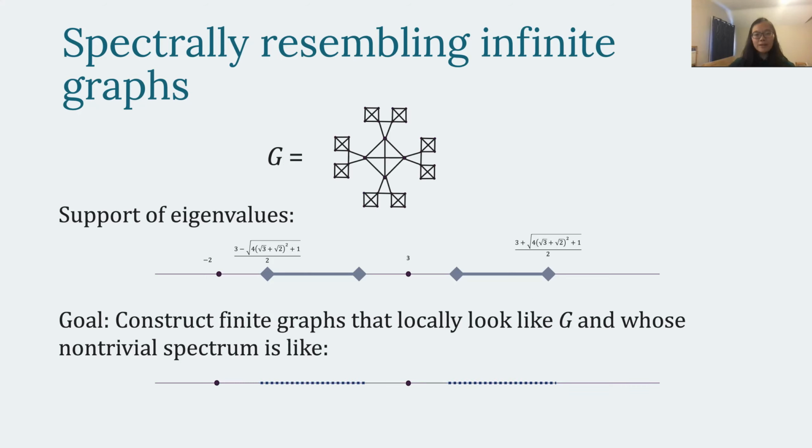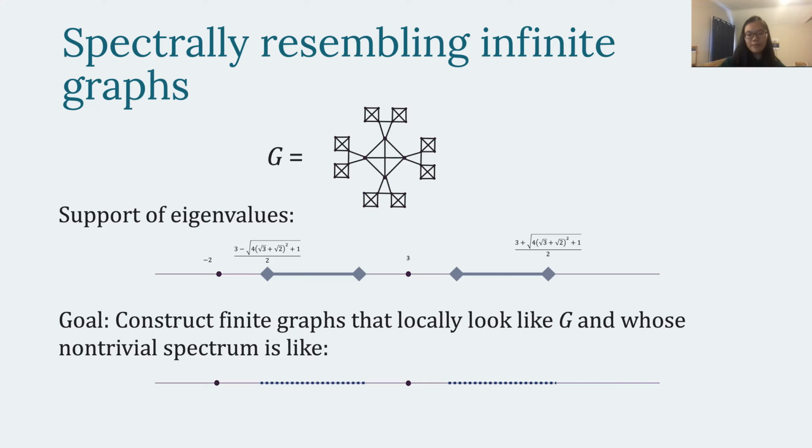I drew these points sort of evenly spaced apart, but of course they don't necessarily need to be. Basically, what I'm looking for is that there should be at least one eigenvalue in every epsilon interval, and it should not go beyond epsilon of the bounds of the infinite graph's spectrum.